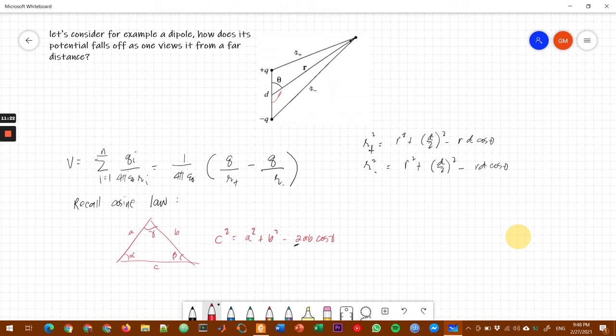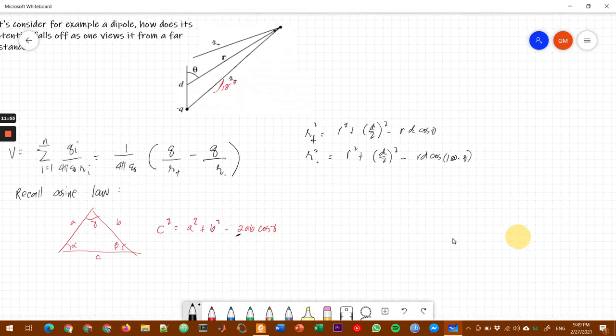We want this angle for R minus, so that's actually 180 minus theta. So for R minus, it would be cosine 180 minus theta.